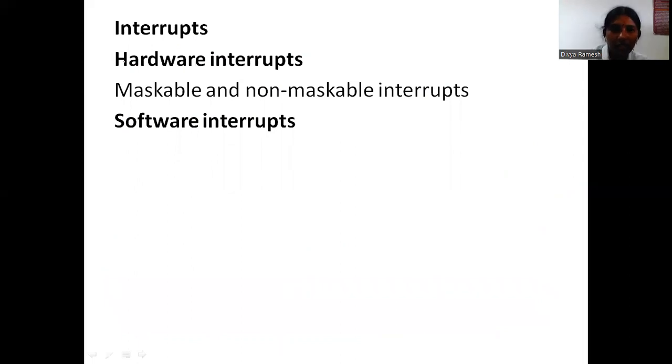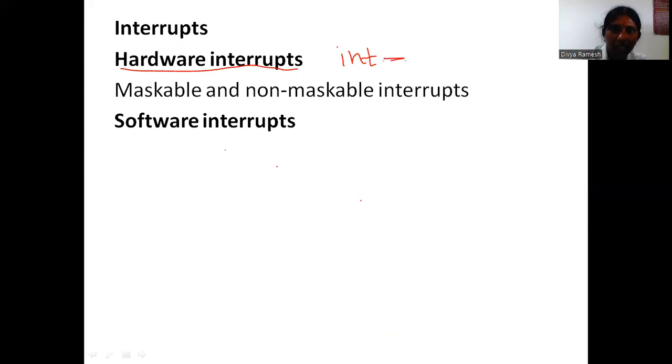Next one is interrupts. Various types of interrupts are available. An interrupt is an external disturbance that requests service from the processor. First is maskable or non-maskable interrupts. Next is software interrupts. For hardware interrupts, in the hardware kit there is a key named INT.